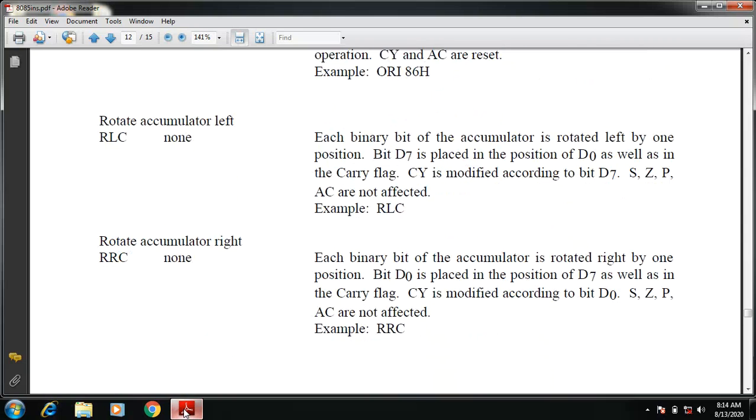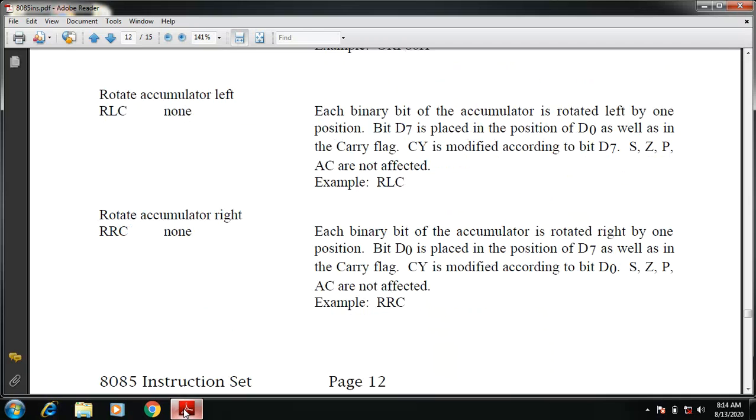The next one of the important logical instructions in 8085 is RLC. So RLC means rotate accumulator left. Each bit of the accumulator is rotated left by one position.